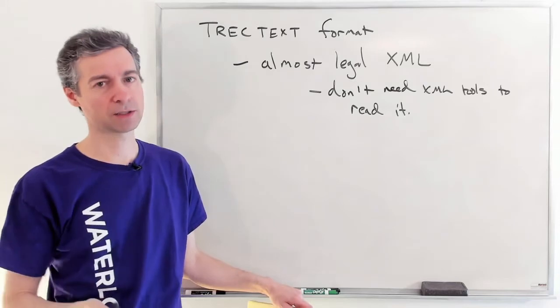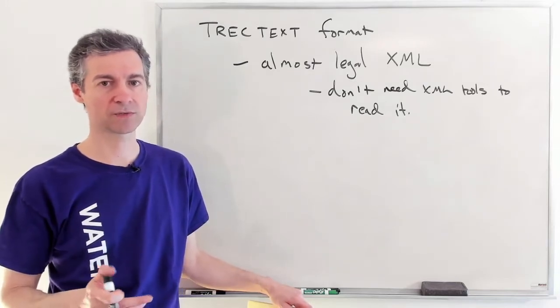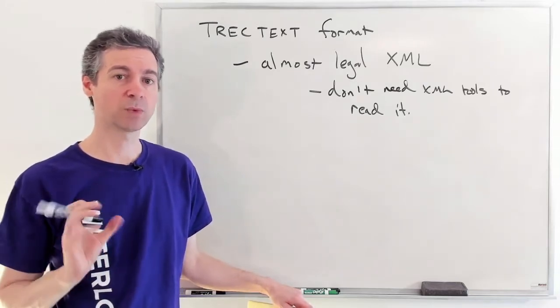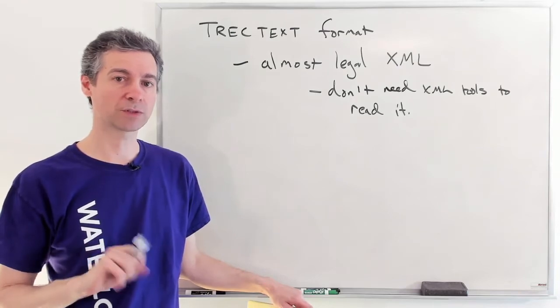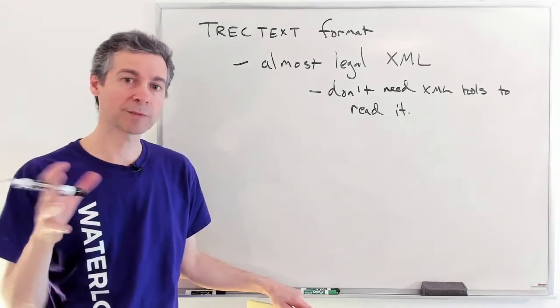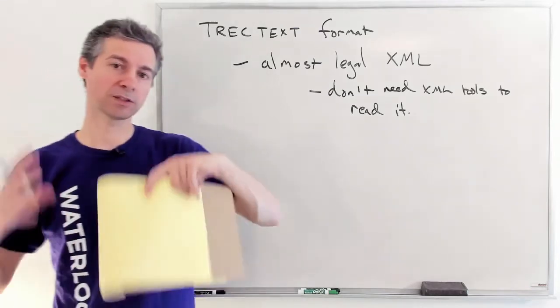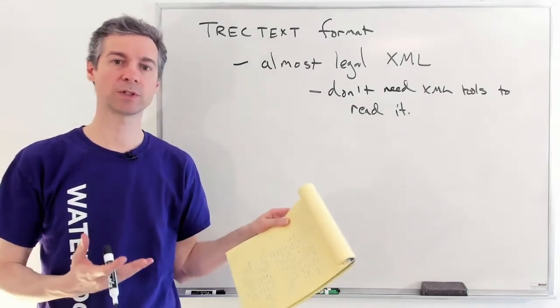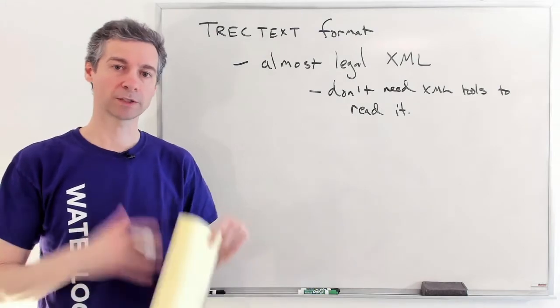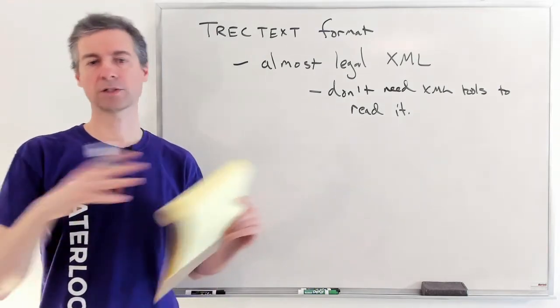Now, it's not hard to deal with these file formats, but that is one methodology: you could read one document's worth, put it as one string, and then hand that string to an input function of an XML reader. And the XML reader will go, oh, yeah, I understand all of that.